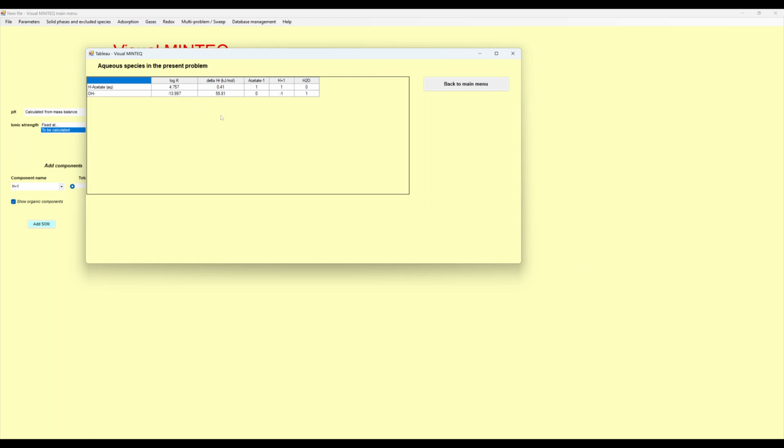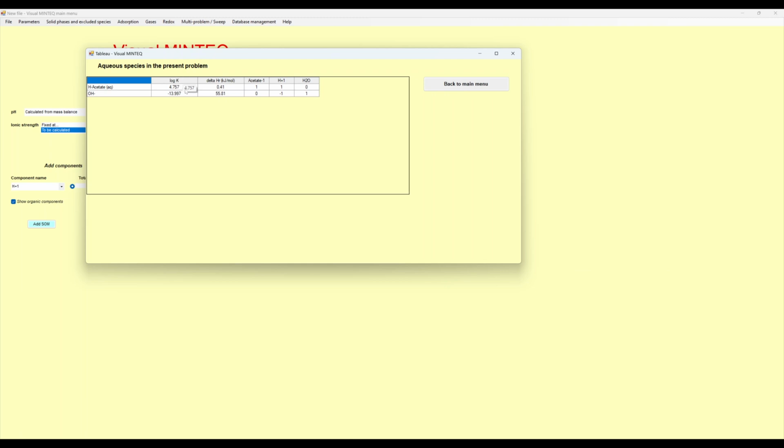Also, the other important information that we have is delta H of the reaction. So this is very important. You saw the Van 't Hoff equation. Delta H was needed to correct for K values for different temperatures.